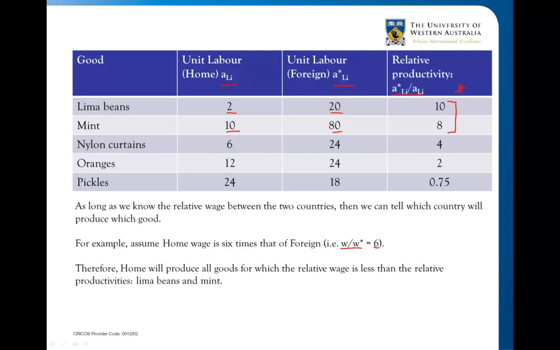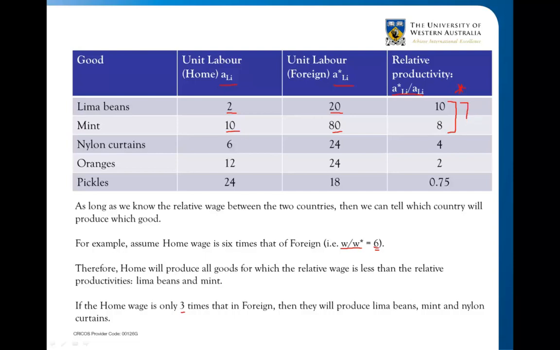If that relative wage changes, though, then that changes which country is going to produce what. So if I change that 6 to 3, in other words, the relative wage is now only 3 times that in the foreign country, then home is going to produce those 3 goods: lima beans, mint, and the nylon curtains.